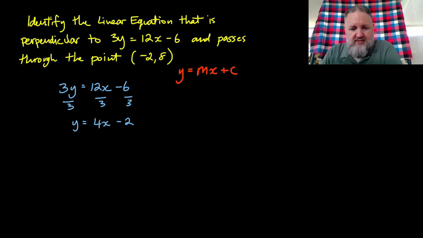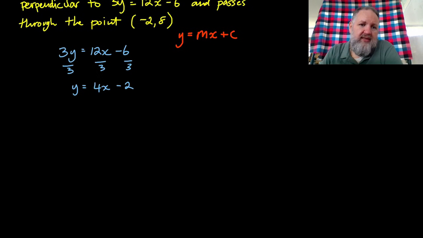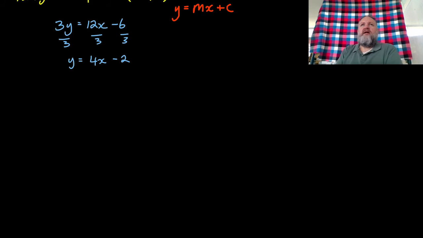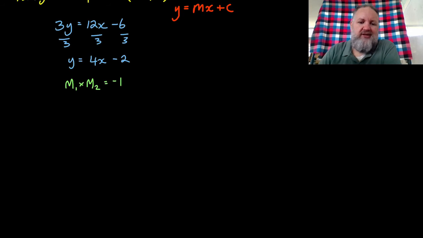So we've got that sorted. What do we need to do now? Well, we're asked to give a linear equation for a perpendicular line, so we need to find the perpendicular gradient. I know a little rule that will help me find a perpendicular gradient: m1 times m2 is equal to -1. I don't have two gradients, I only have a single gradient.